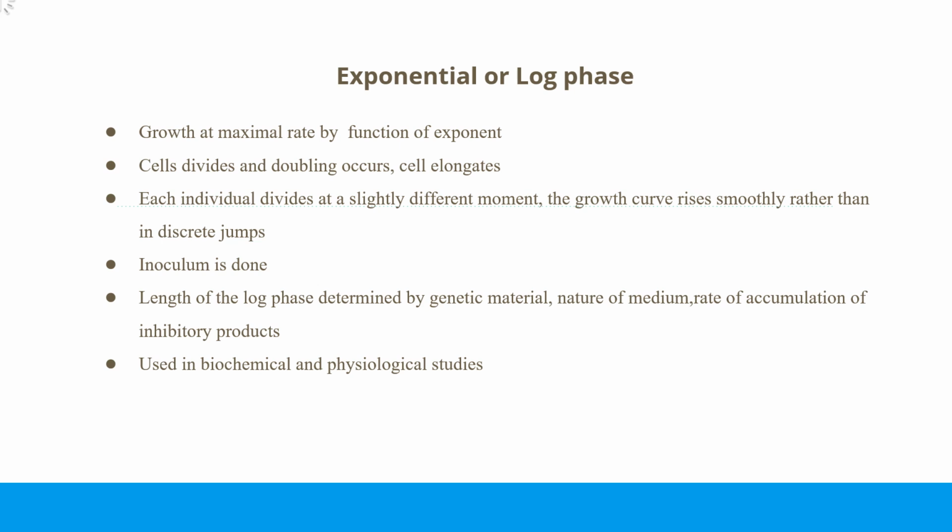Because each individual divides at a slightly different moment, the growth curve rises smoothly rather than in discrete jumps. The population is most uniform in terms of chemical and physiological properties during this phase. Therefore, exponential phase cultures are usually used in biochemical and physiological studies.